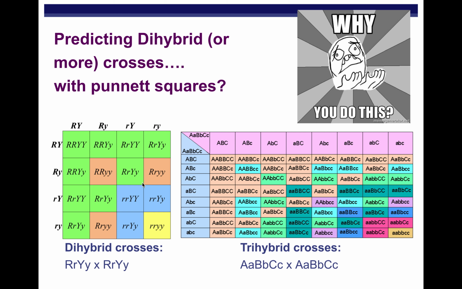Also notice in the Punnett square, when we write the genotypes out of the crosses, we always want to make sure we pair up the alleles from the same gene together and the alleles from the other genes together, because each of these genotypes is read separately. This is round, this is round, this is wrinkled, this is yellow, this is green. So we want to make sure the alleles for the separate genes are paired when we write it out in the combined dihybrid or trihybrid cross or whatever.